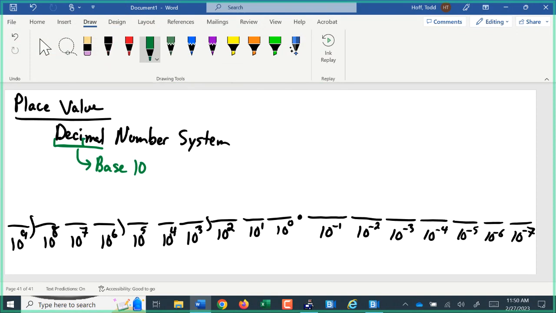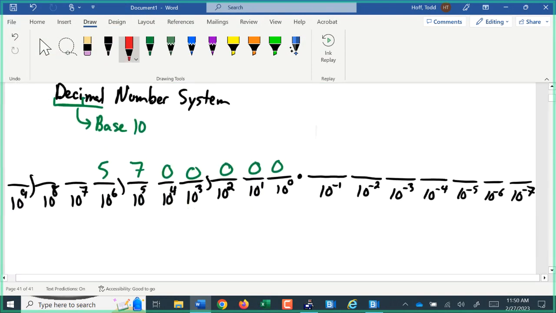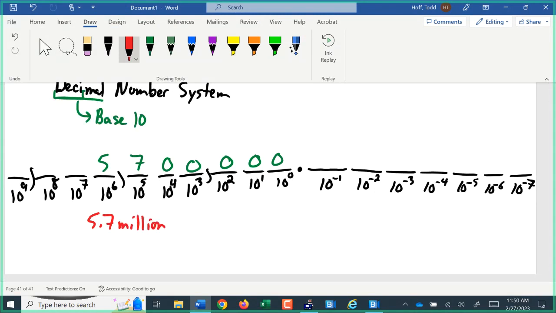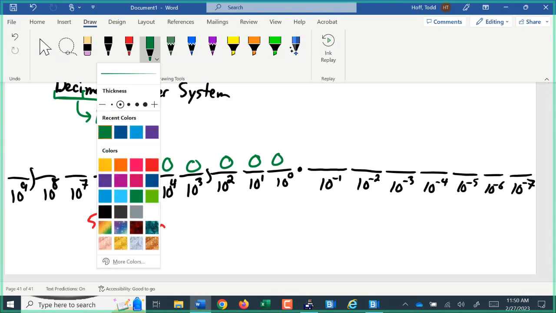And we like to abbreviate numbers, so we often have a number like this, 5,700,000. And we would often abbreviate that by simply saying 5.7 million. But we don't have to write out that full word million here.